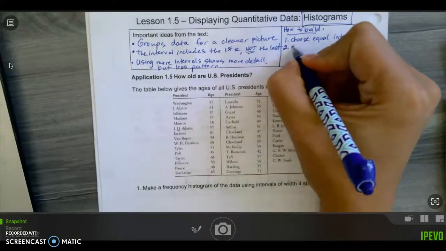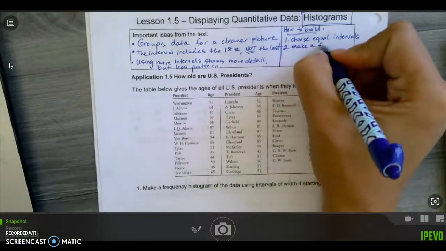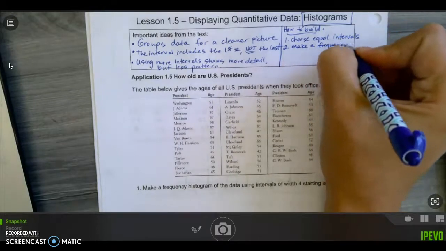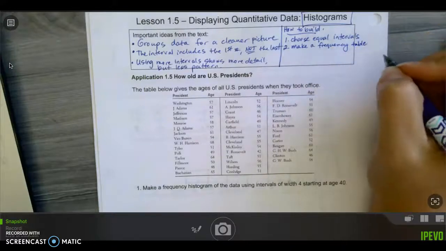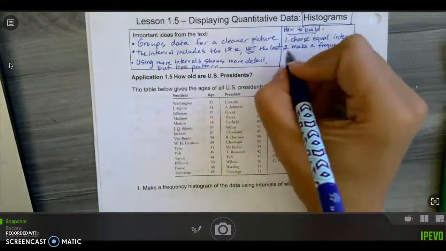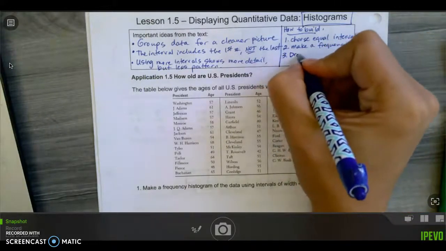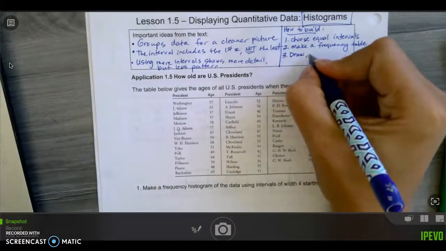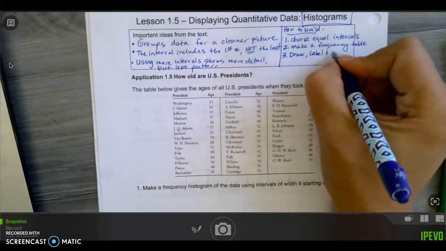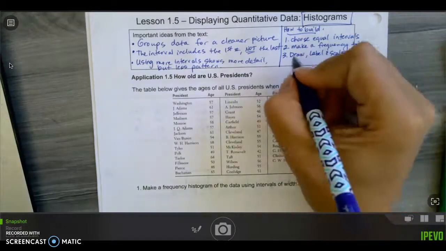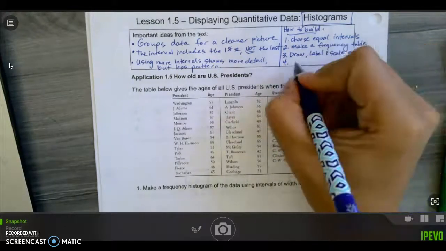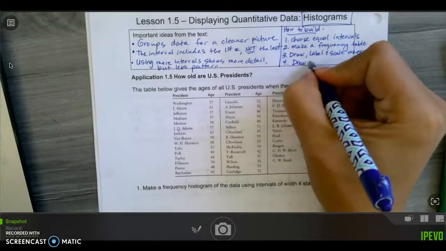Number 2, make a frequency table. You don't want to just jump right into the histogram. Make a frequency table, and I'll show you below what I mean. Number 3, draw, label, and scale the axes. And lastly, draw the bars with no spaces.